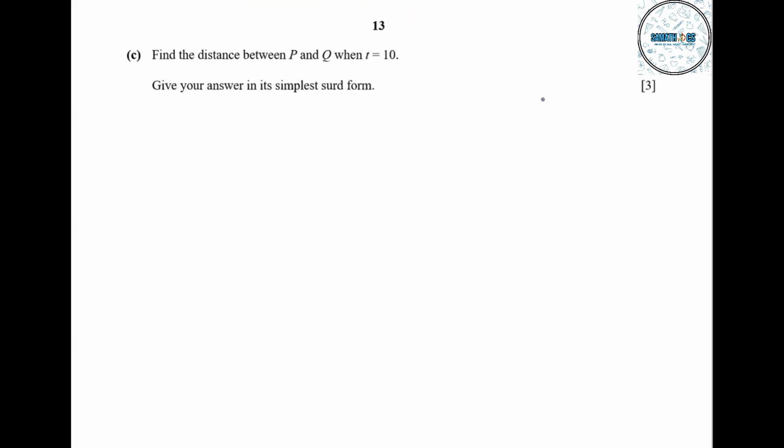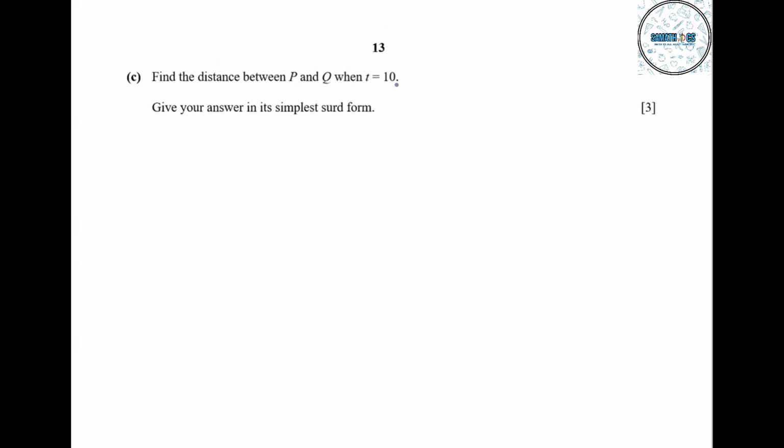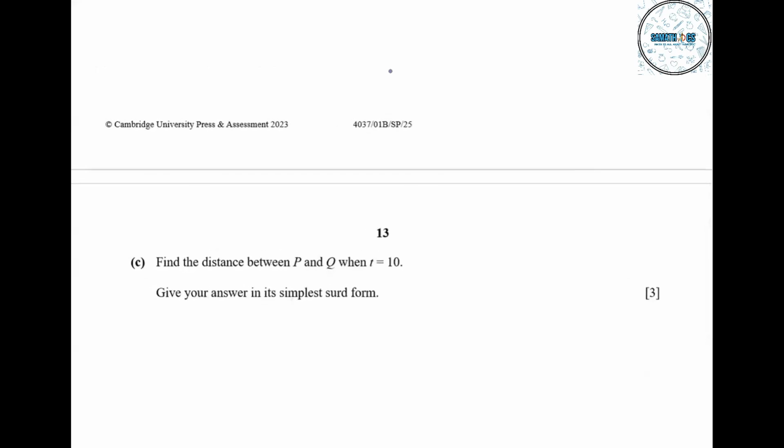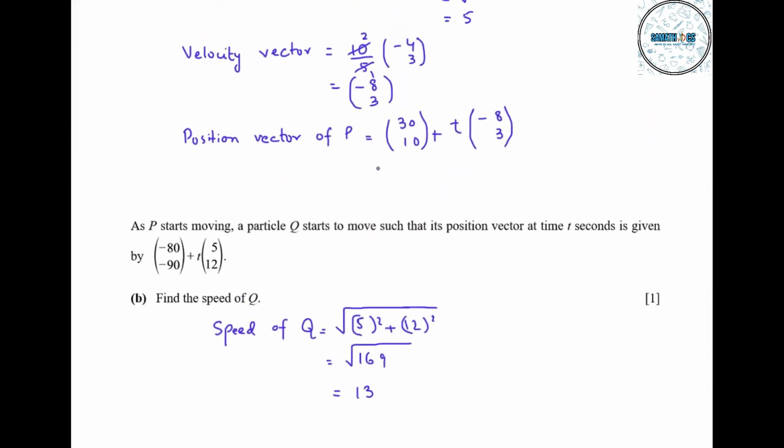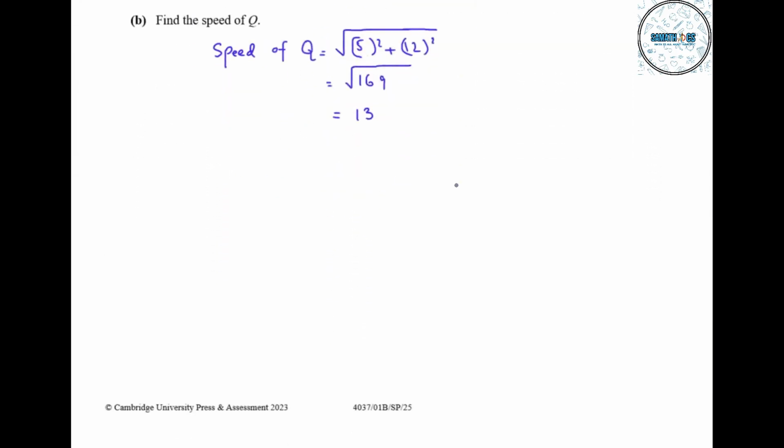Now part C, find the distance between P and Q when t is equal to 10. Give your answer in its simplest surd form. For this, we need to find out the position vectors of P and Q at t is equal to 10. So we have the position vector of P as 30, 10 plus t into minus 8, 6.